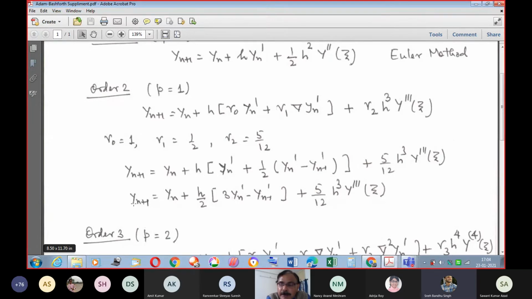Another thing is that whatever error we commit at suppose yn stage will get propagated to y2, and then combining with the error in calculating y2 from y1, will be propagated to the next one, y3, and so on. Is that clear or not?